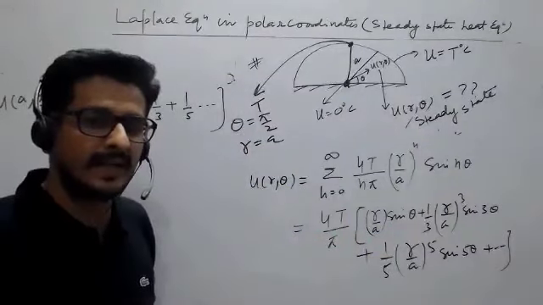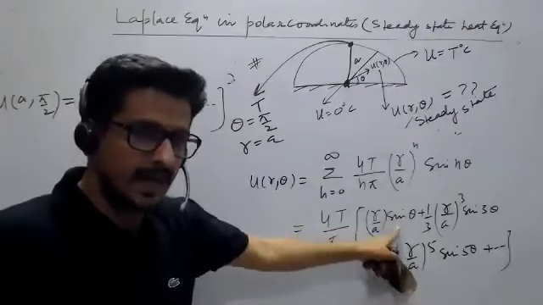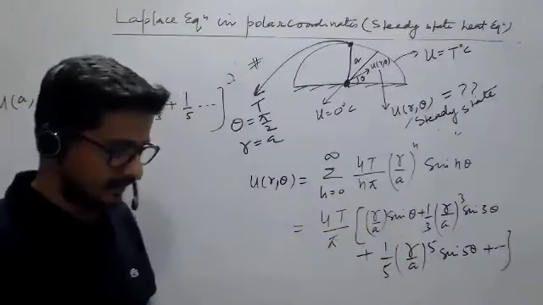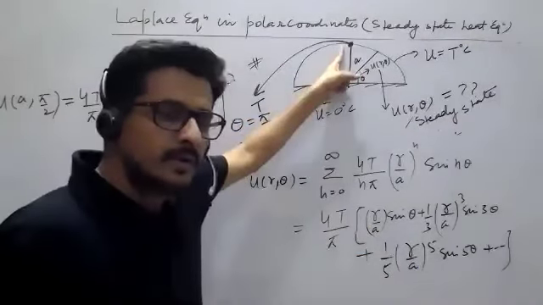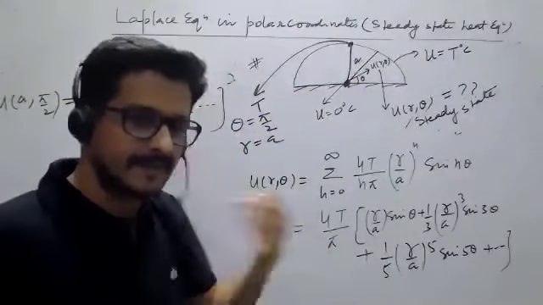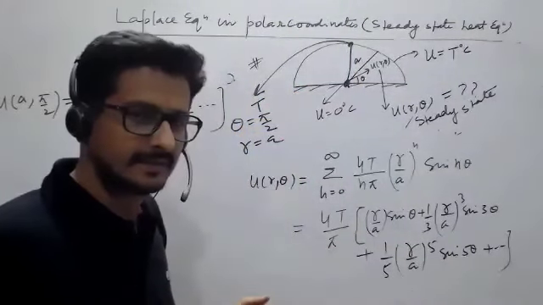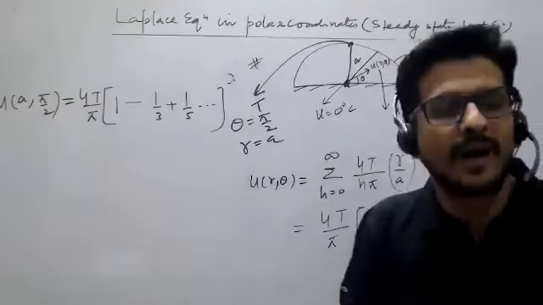You don't have to understand it, you have to calculate it. Put theta is equal to pi by 2 and R is equal to A. I am going to calculate the value at this point just to check whether this equation is correct. Cross check.